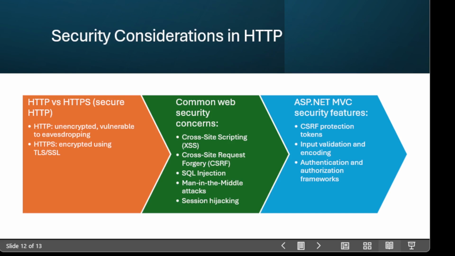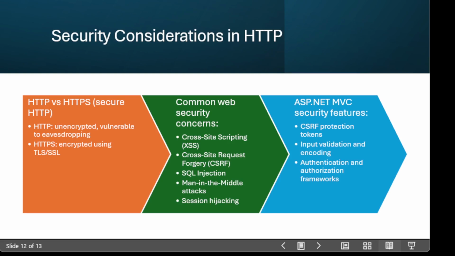Beyond encryption, web applications face other security challenges. Cross-site scripting (XSS) occurs when attackers inject malicious script into pages viewed by users. ASP.NET MVC helps prevent this by automatically encoding output.